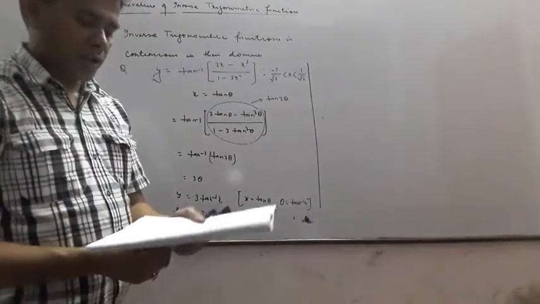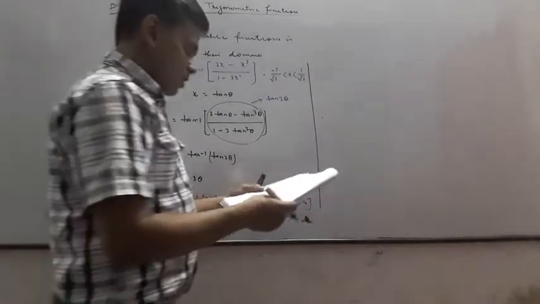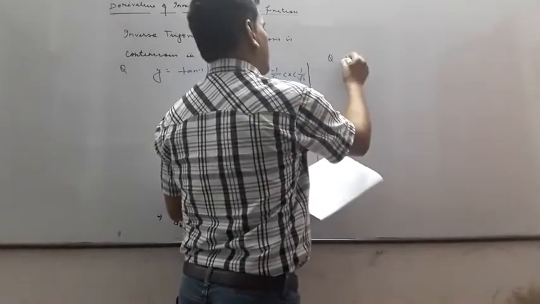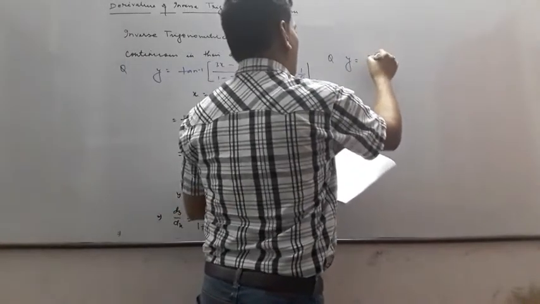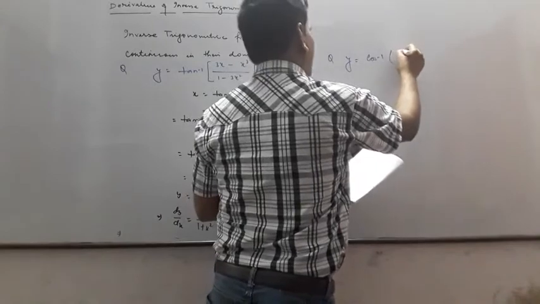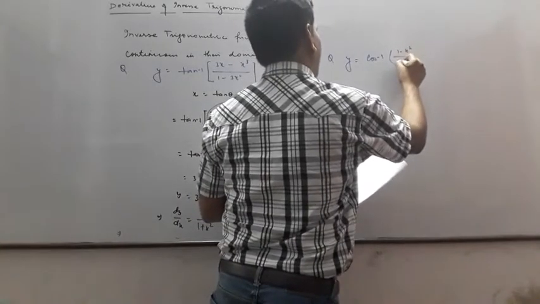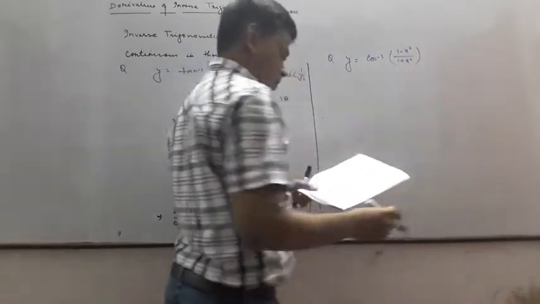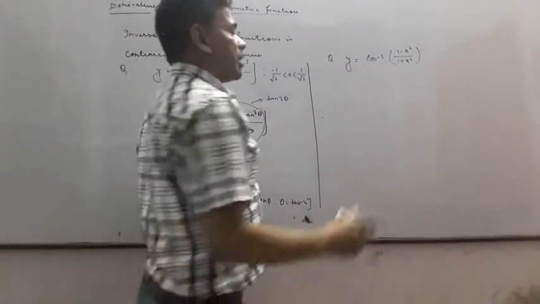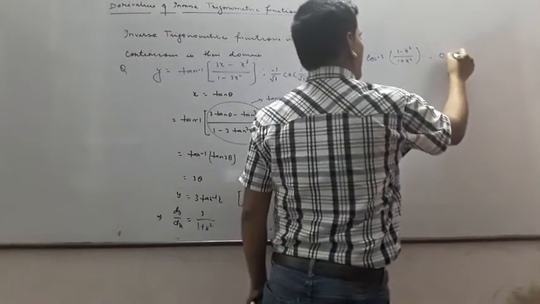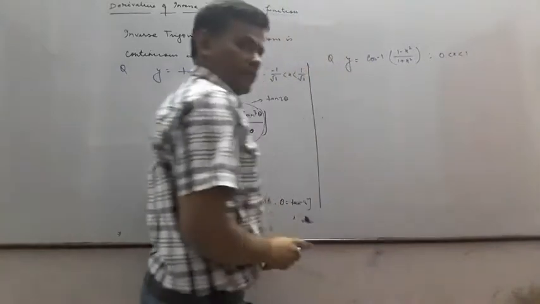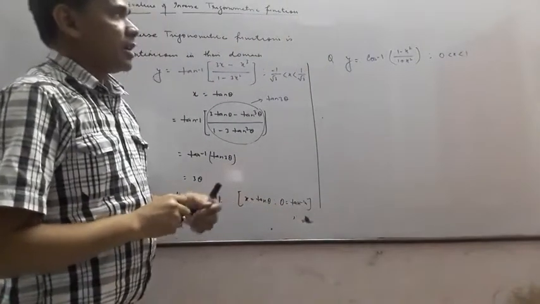Our next question is y equals cos inverse of (1 minus x square) over (1 plus x square), with the restriction 0 less than x less than 1. Very simple.